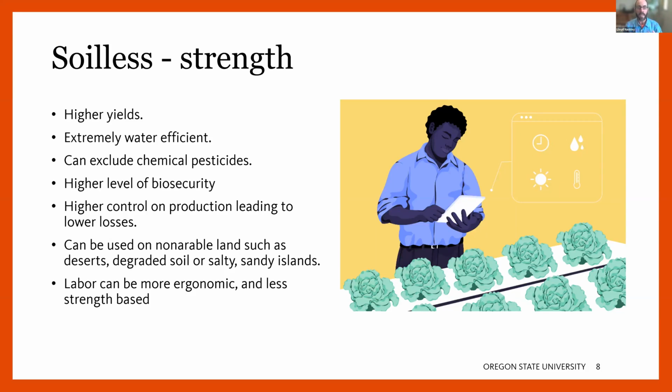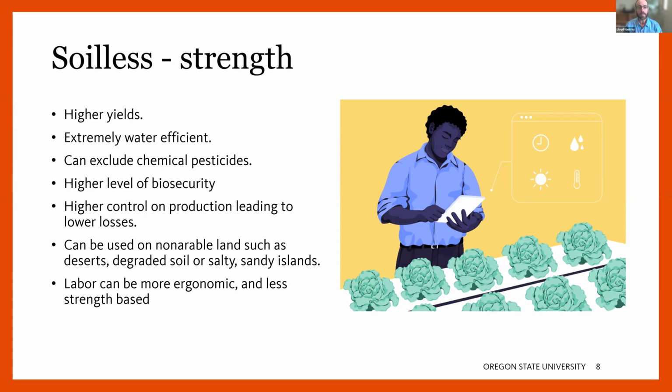Heading into hydroponics, which is this very supplemental-based growing system, it has a lot of strengths. You can get higher yields. You can grow plants faster and larger in hydroponics. It's been demonstrated countless times that it is up to 80 to 90% more water use efficient than soil-based farming.